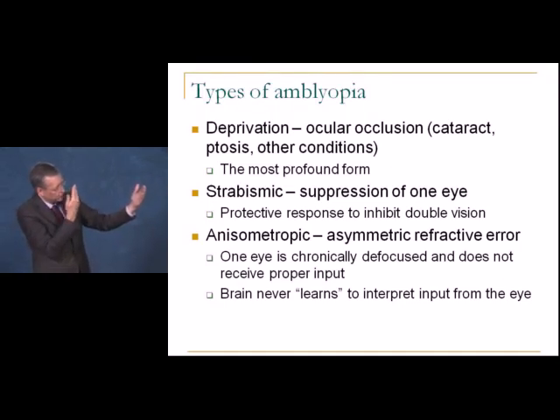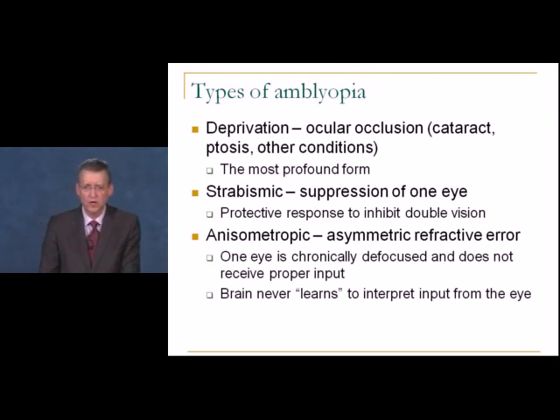Say this eye, you have to hold something all the way up here to see anything clearly, whereas this eye, you can hold it out here. Well, if a child's just holding with both eyes open, this eye's already in focus. This one's going to be out of focus. They don't know that, so this eye's not getting a clear image. And so that's anisometropic amblyopia from asymmetric refractive error.